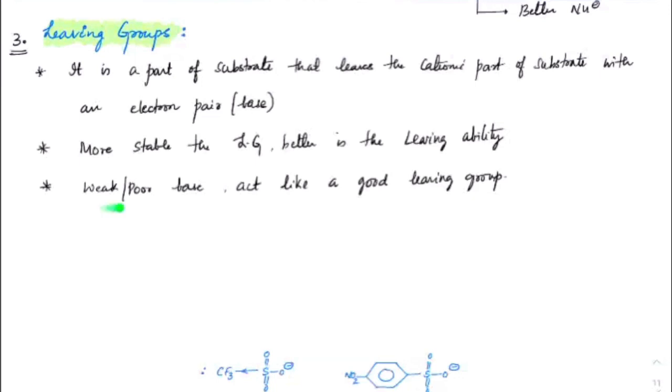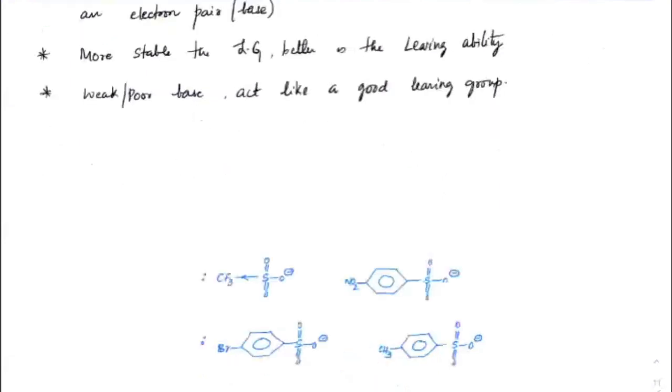And if it is a weak base, then it is definitely a good leaving group. Okay. In short, in a reaction, the nucleophile is attacking this substrate, which has this Lg part, the leaving group part, right? So normally it will take away the electron with it, and we will have a connection of this as a product, and this leaving group is coming out, right? So this is how the substitution reactions usually take place.